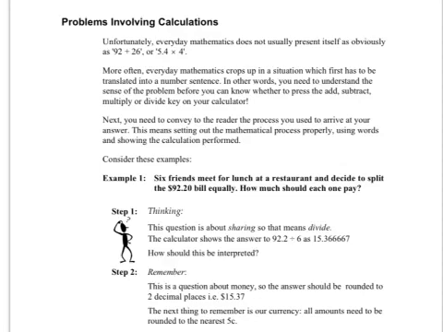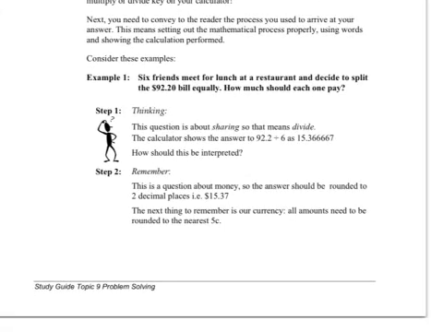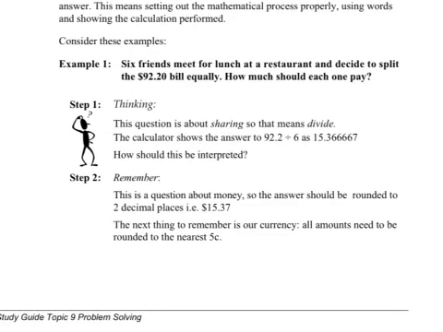Our first example is 6 friends who meet for lunch at a restaurant and decide to split the bill of $92.20 equally between them. How much does each of them pay? Well, the question is in context.